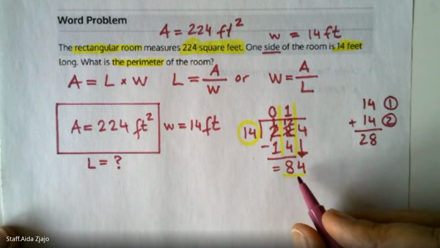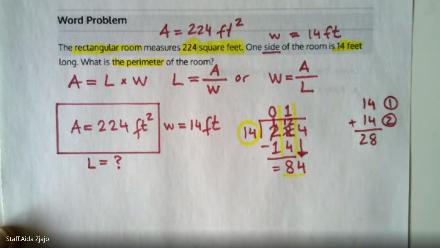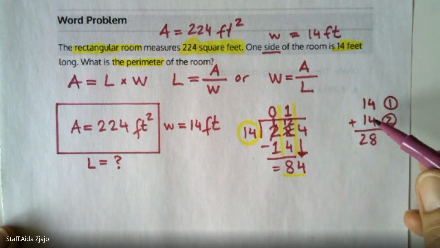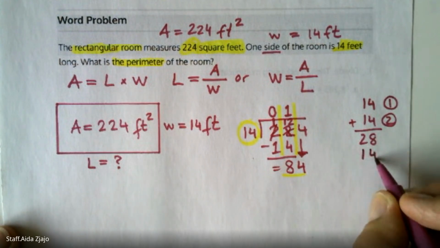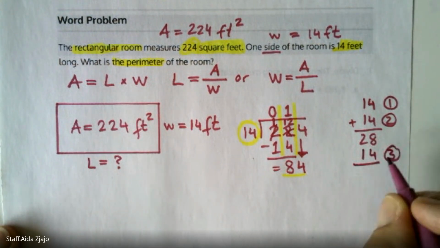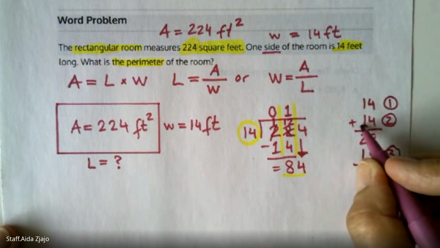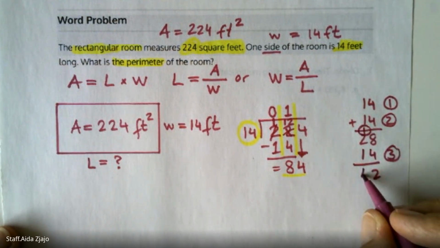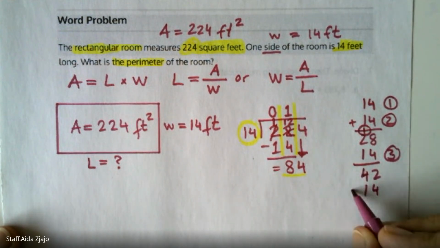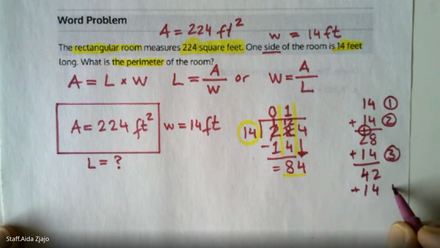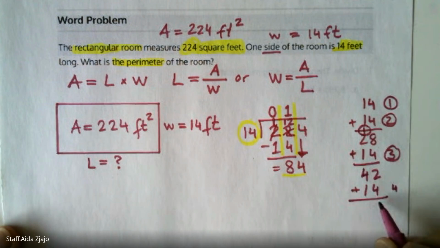I'm going to go all the way to 84 and see how many groups of 14 can fit. 3 groups, 2, remember 1, is 42. If I add 14, that will be my 4th, and that is 56.